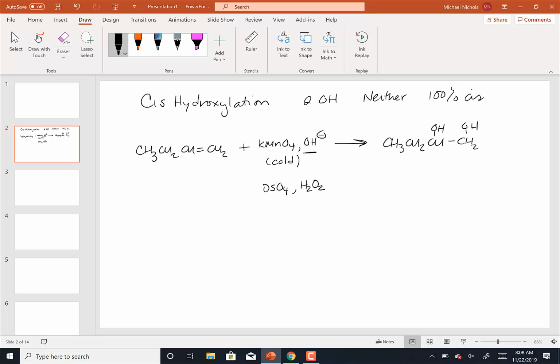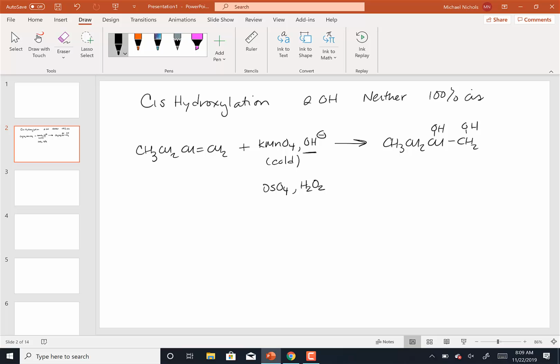So it's inexpensive. Osmium tetroxide is very expensive. Osmium is one of those metals in the transition metal part of the periodic table. It's very expensive, and I'll explain exactly why we need peroxide, because that's to make this reaction economically affordable. But both of these add 2 OHs, 100% cis.